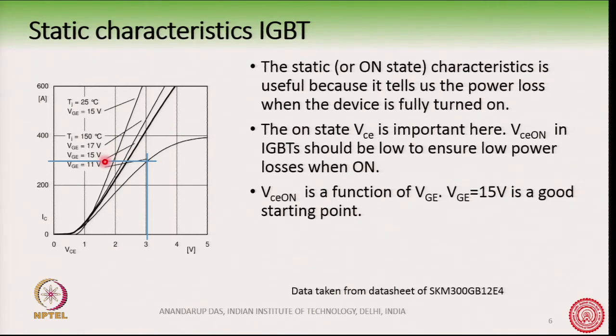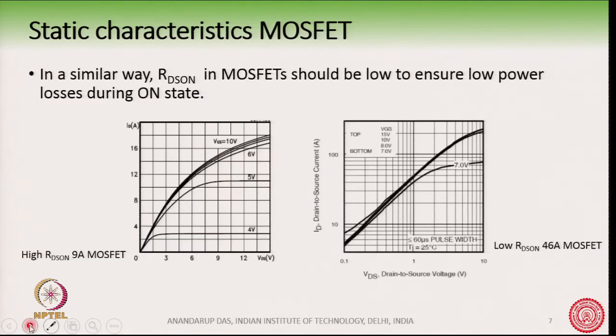But then you will see that a very high value of VGE will, during the short circuit condition of the IGBT, make the current through the collector emitter very high. So, there is therefore a compromise here. In a similar way, for a MOSFET also the same phenomenon happens.